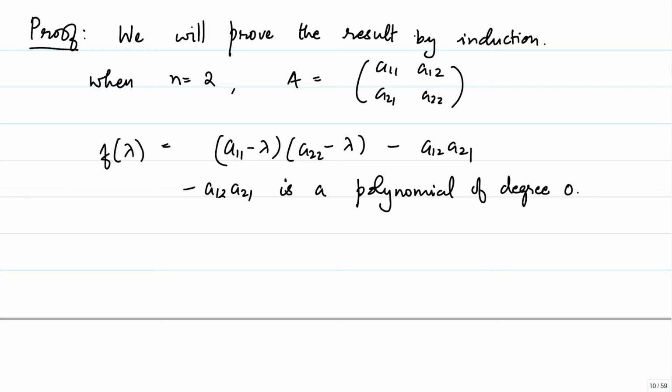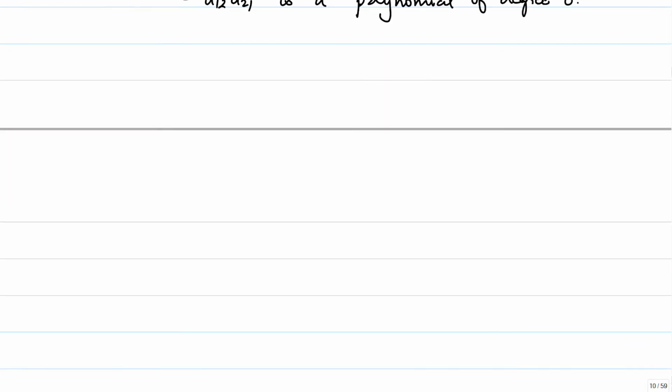So yes, the induction hypothesis does start with n equal to 2. Let us assume that it is satisfied up to n minus 1, and we will prove that for n the result is true. So assume that the result is true up to n minus 1.